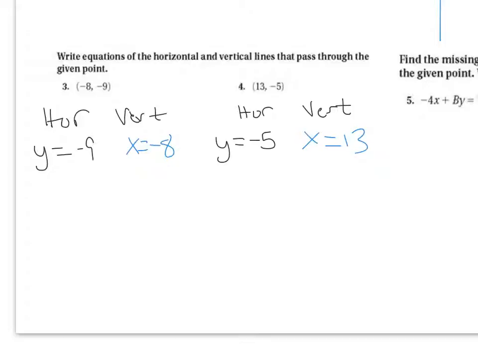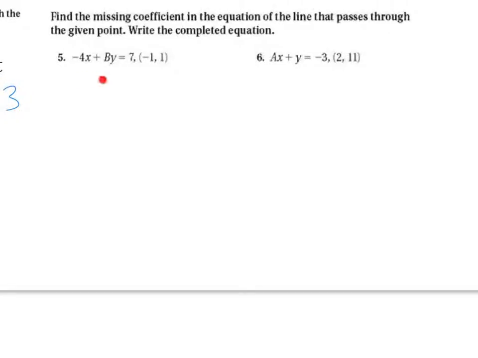Alright, so let's see what we can do some more with the standard form here. It says find the missing coefficient in the equation of the line that passes through the given point. Write the completed equation. Okay, so first we need to find b, and then we need to write it out after we find it. See how we have an x and a y?